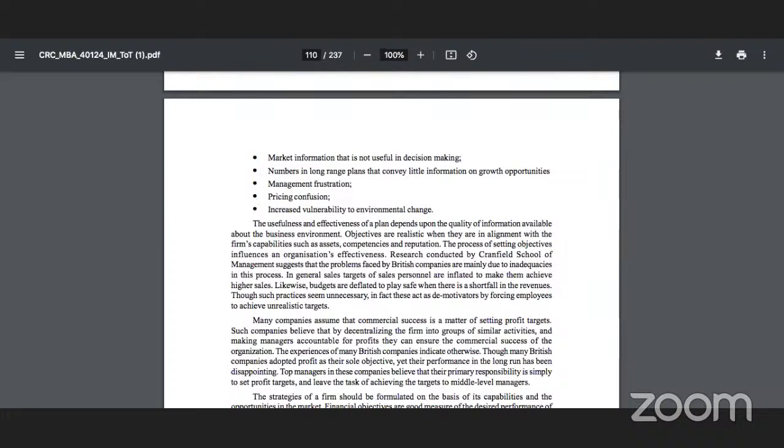While it's pretty uniform within a country, they may change the pricing of the product when it cuts across to a different country, and increased vulnerability to environmental change.